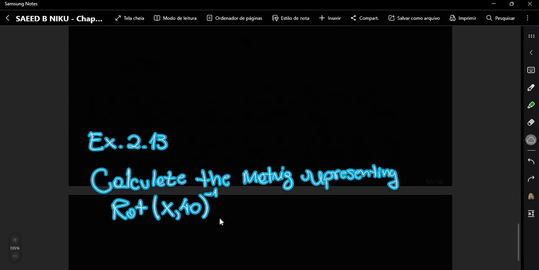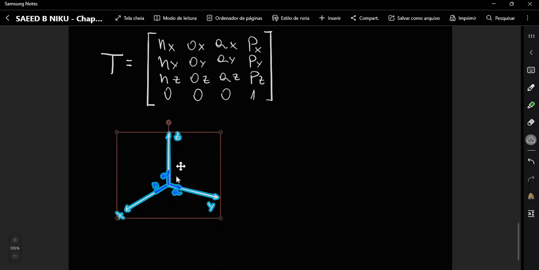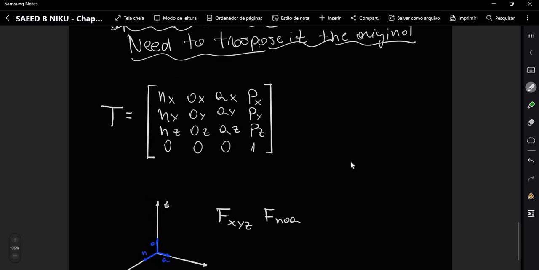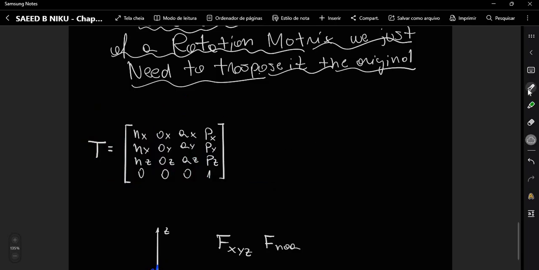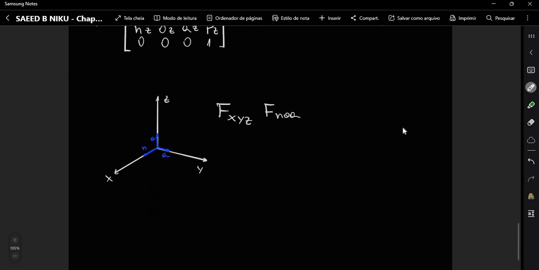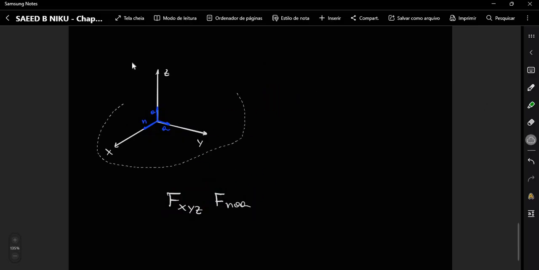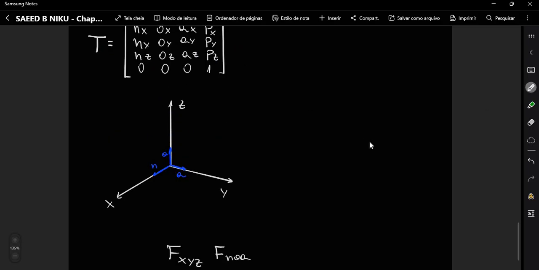Let me put this a bit down. So we have our reference system F, x, y, z, F, n, o, a, and I forgot to draw the vector p on the origin of this reference system.